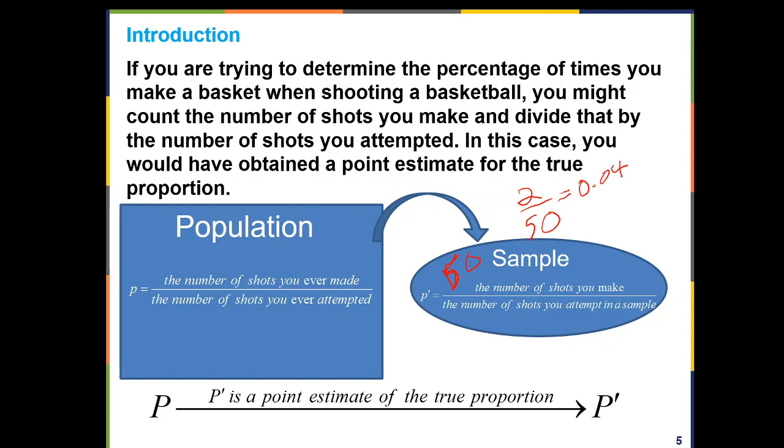We say that 4% is a point estimate for the actual proportion, which we don't know. So that's the proportion.